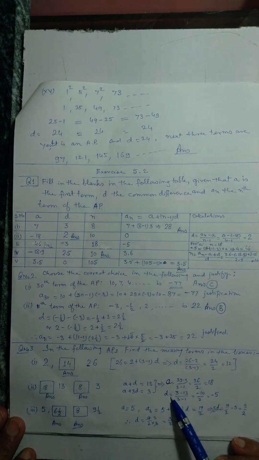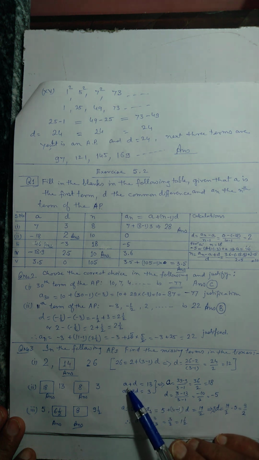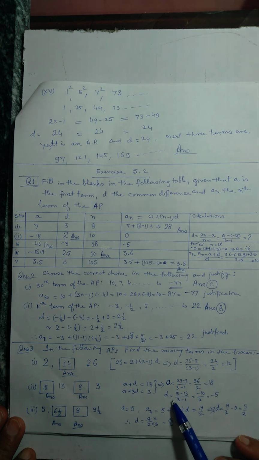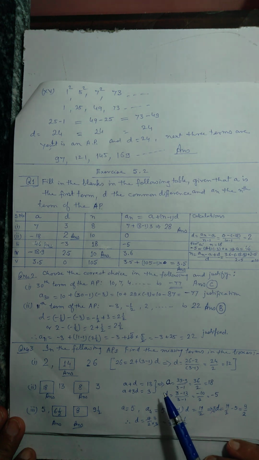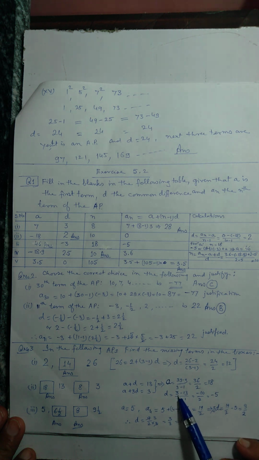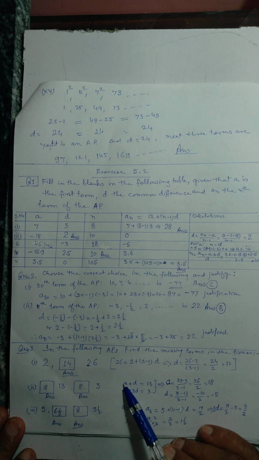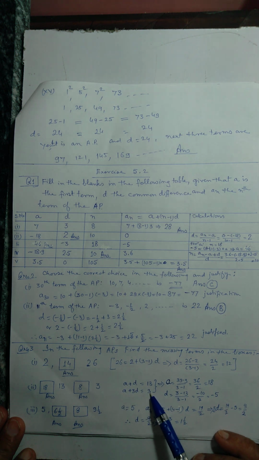Common difference will be equal to, you see, from these two equations, we can find the common difference by cross multiplication. So d will be equal to 3 minus 13. You see, cross multiply is left to down and minus left to up.